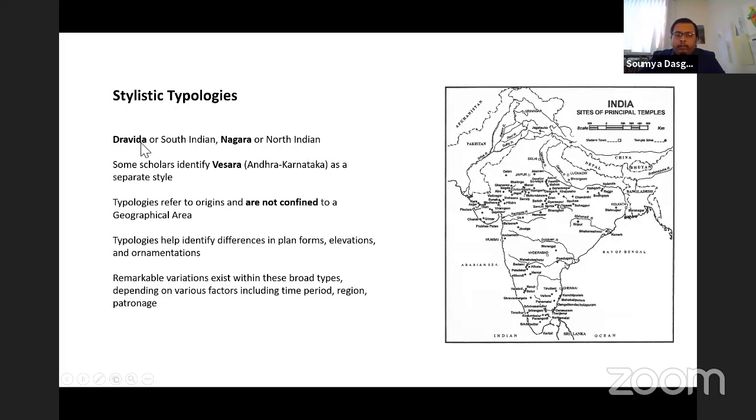And then there's the Dravida, which is the older one, which is the South Indian temple. And some scholars also identify Vesara, the Andhra Karnataka, as a separate style. Although, again, I follow Adam Hardy mostly when I study Indian temples. For him, the Vesara is basically a fusion between the Dravida and the Nagara. So he identifies Dravida and Nagara as the two basic styles.